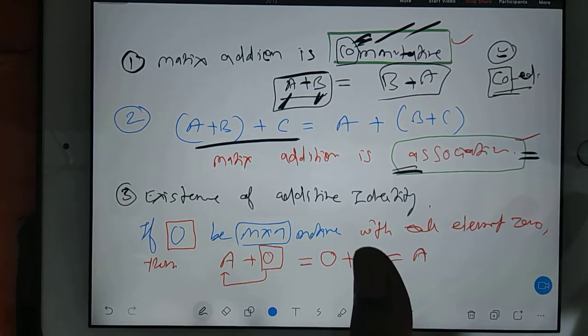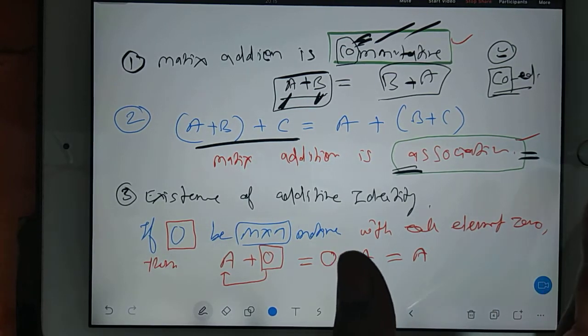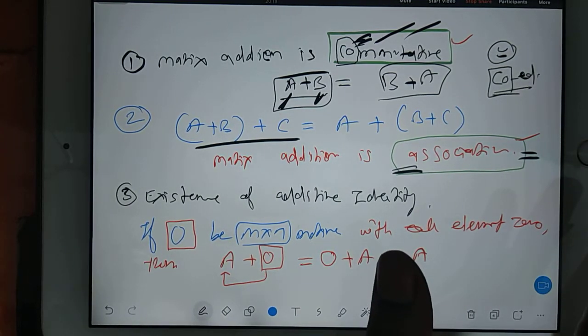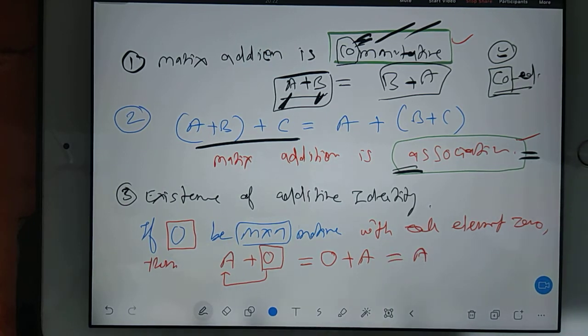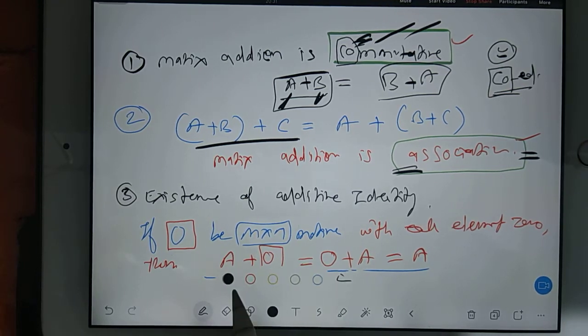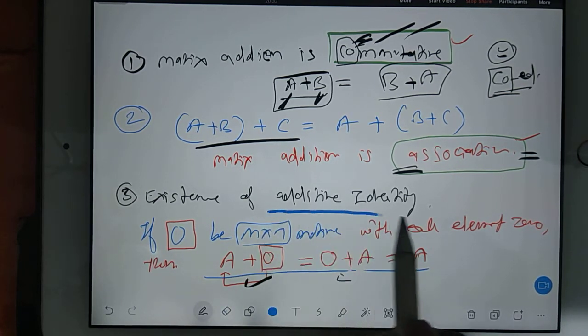Easy concept, very easy concept. Simply for the theory purpose, I am giving these details. We know this will happen, but the sentence word is additive identity.